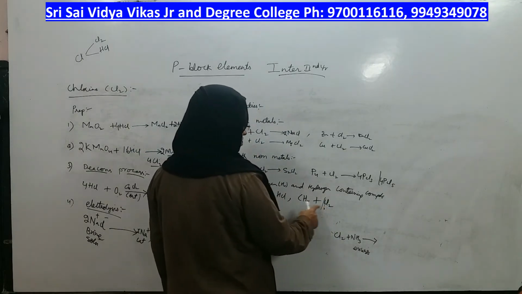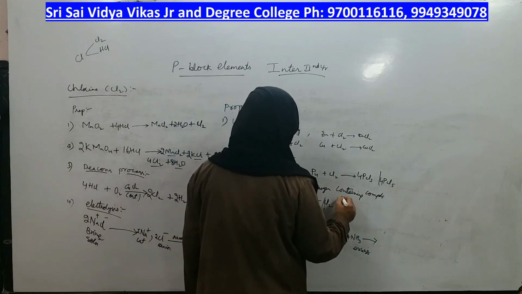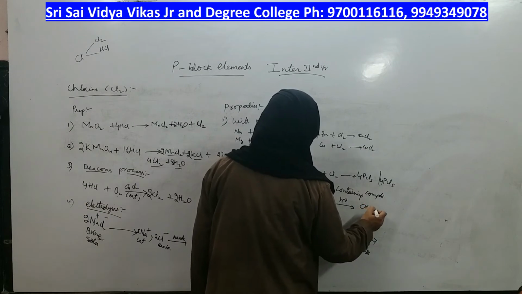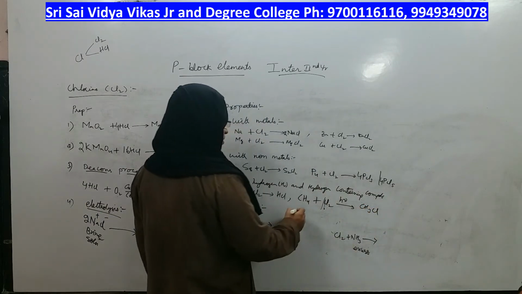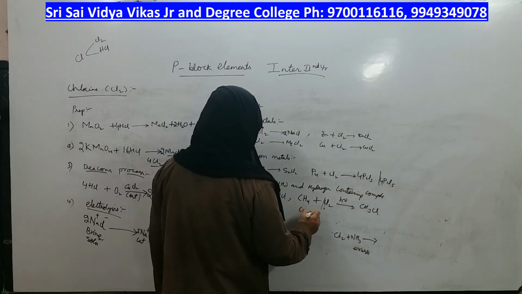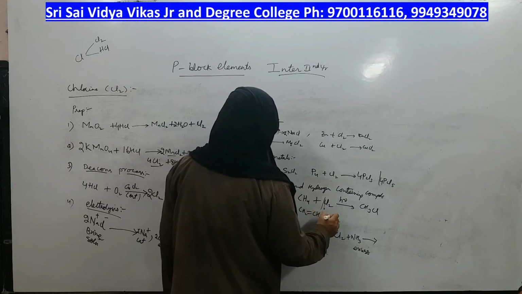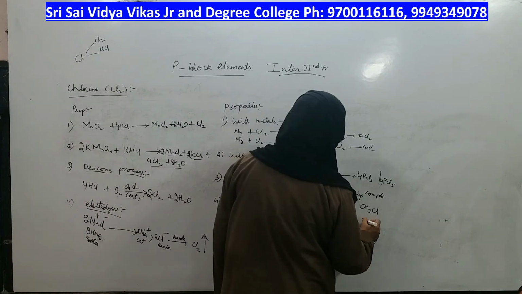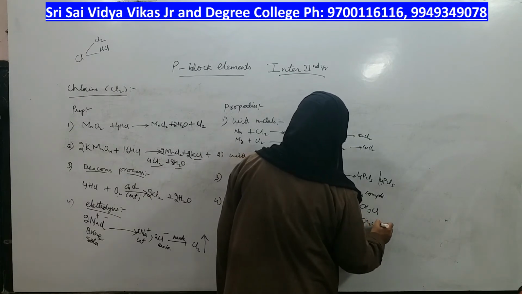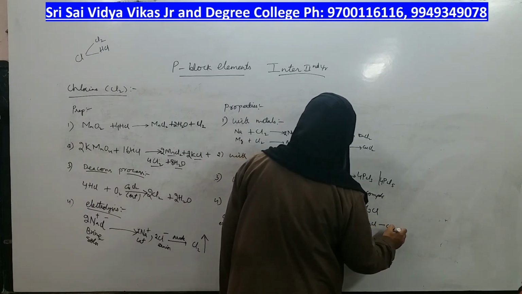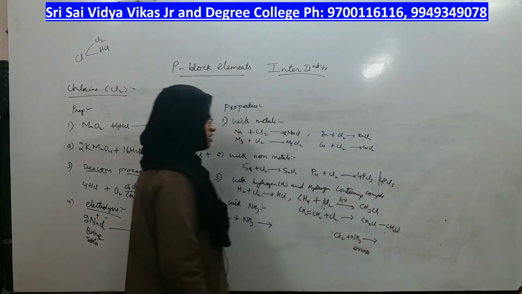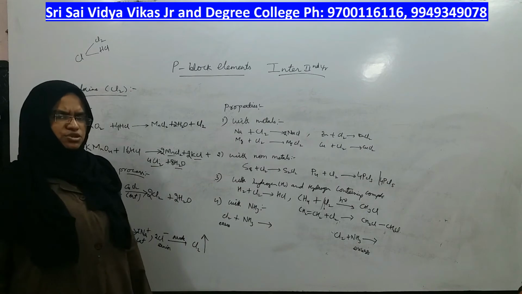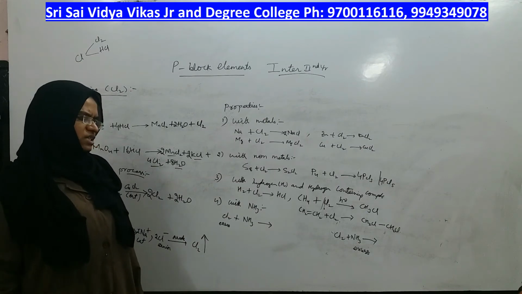Whenever halogen reacts with alkane, it is in the presence of sunlight, and a substitution reaction takes place. But if halogen reacts with alkenes, sunlight is not necessary and an addition reaction takes place. For alkane, the reaction is substitution, and for alkene, the reaction is addition.